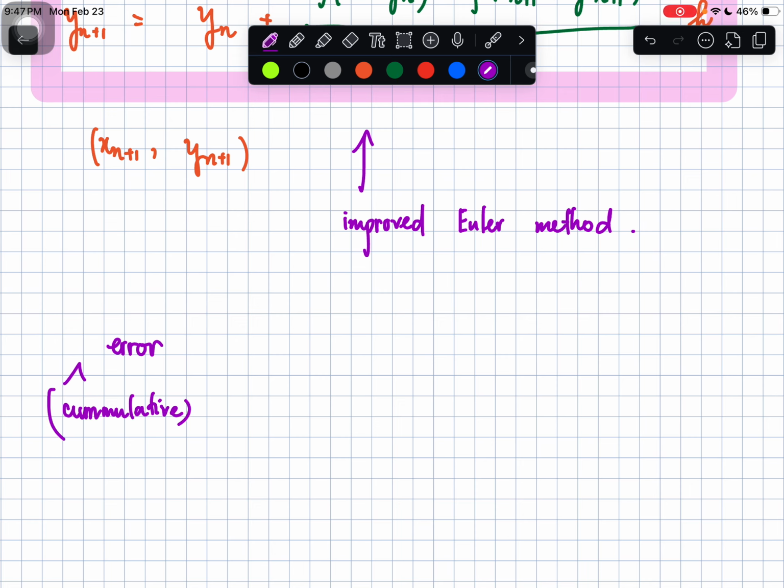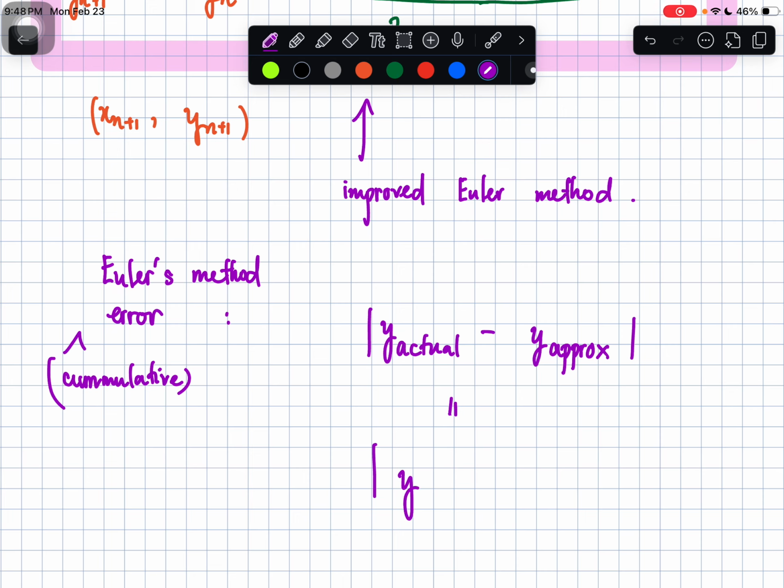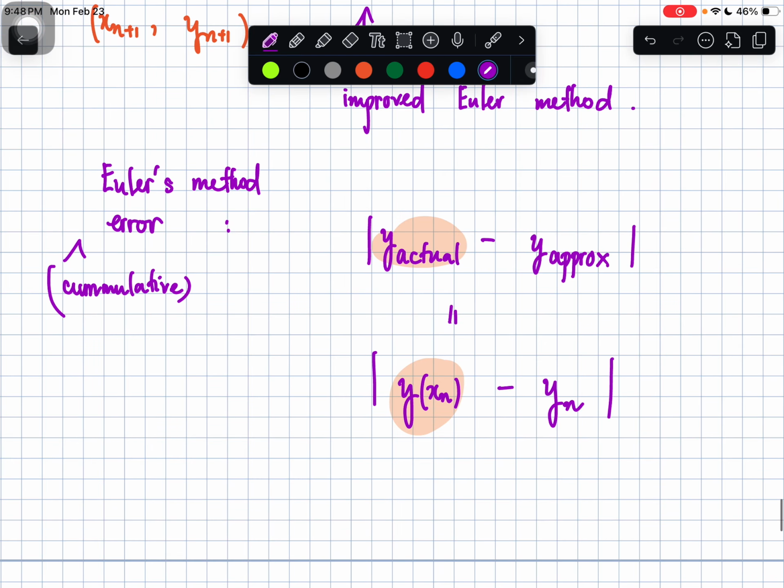If we only use the Euler methods version, the error, the absolute value of y actual, y at xn, minus the approximated version yn, they show that this one is at most, less than or equal to C times h, a constant times the step size.